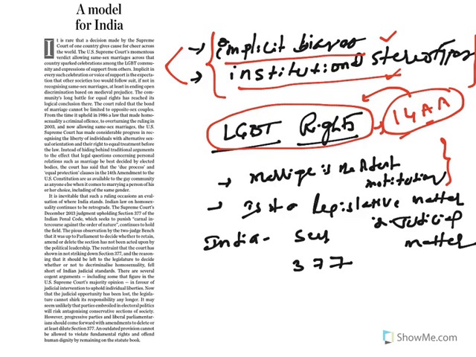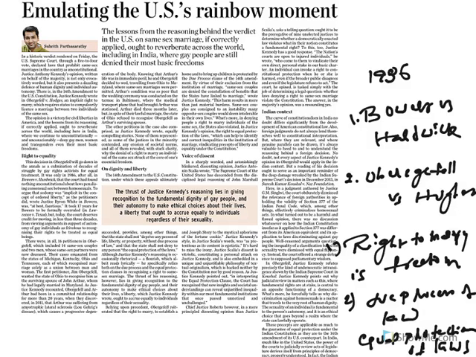Now, in India, Section 377 is still in force, and any unnatural sex is punishable in the country. So we have to observe this. And now the same act has been continued.